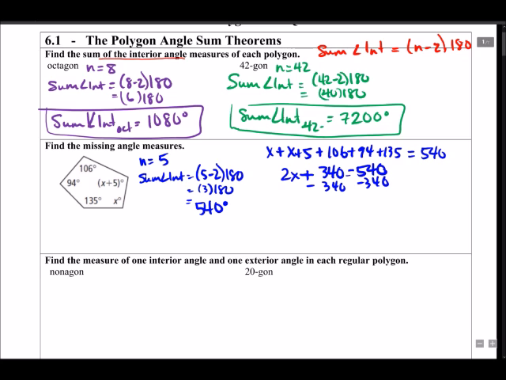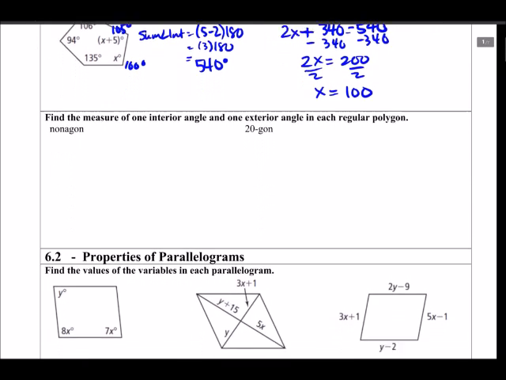Subtract 340 from both sides. 2x equals 200. So divide by 2. And we get x equals 100. So this angle right here is 100 degrees, and this angle is 105 degrees, which fits in with everybody else. All right, that was another easy set of problems. Let's see what's next.